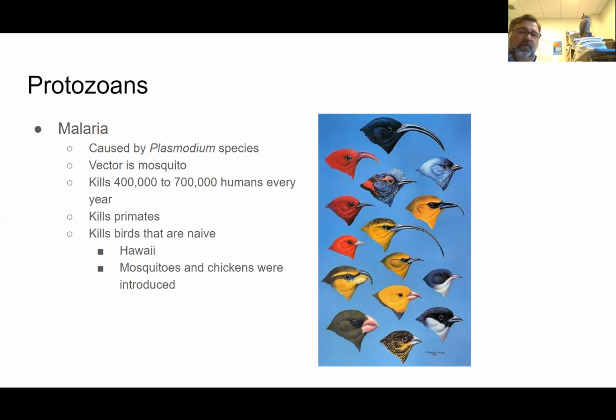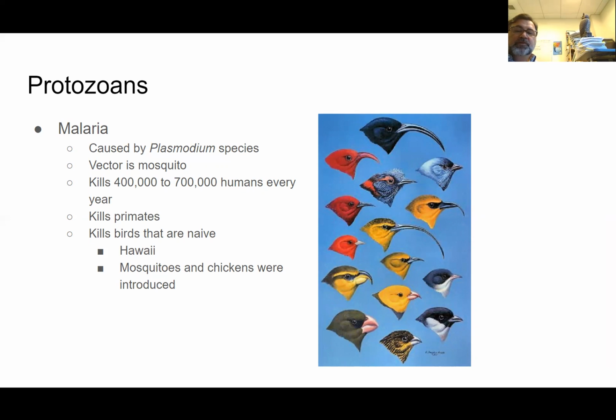In birds, in populations that are naive, you get malaria outbreaks that are deadly. And in fact, here's a portrait of all the species on Hawaii that were lost to avian malaria. Hawaii was isolated and didn't have any avian malaria.